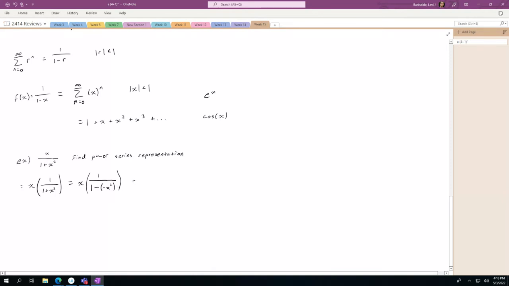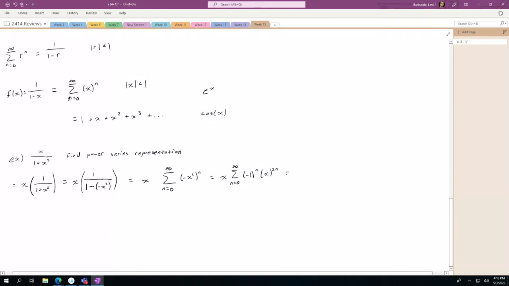I can write this part as a sum from n equals 0 to infinity of negative x squared to the n. That'll give me negative 1 to the n. Then x squared to the n is like x to the 2n.